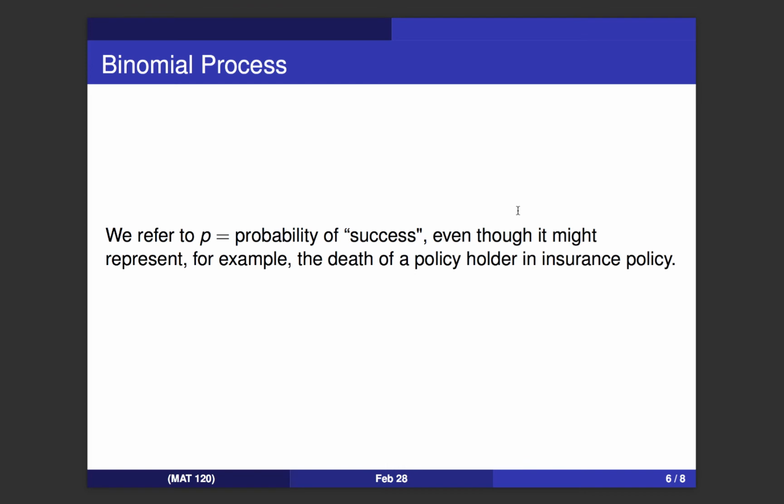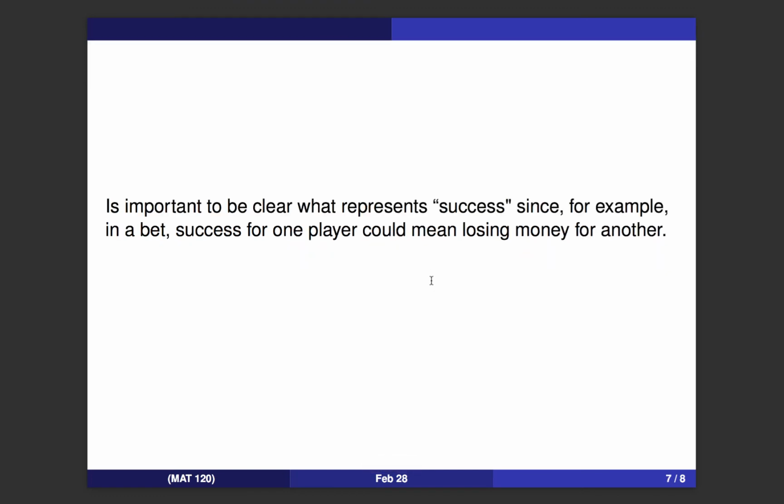So we label the probability of a success p, and that's little p, not capital P for probability of an event. So you've got to be careful. It could represent anything. It might represent something that doesn't sound like success. And it's important to be clear about what represents success.